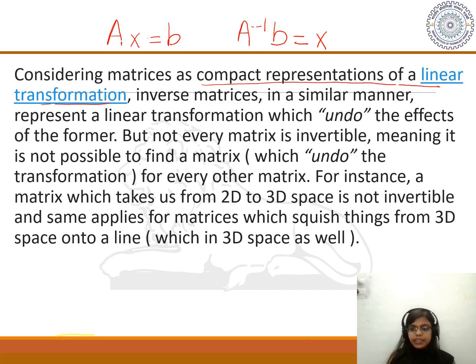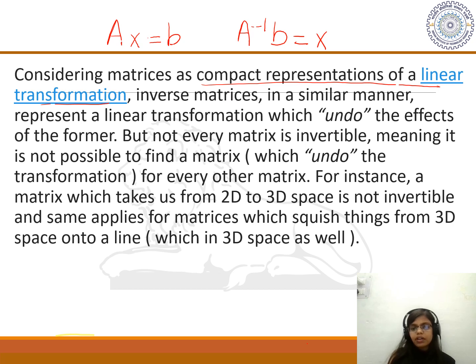But the catch here is that not every transformation is undoable. For instance, think of a matrix or a transformation that takes us from 2D space to 3D space. So basically, it is adding one more dimension to the vector. Or think of a matrix that squishes things from 3D space onto a line. So it is reducing the dimension.